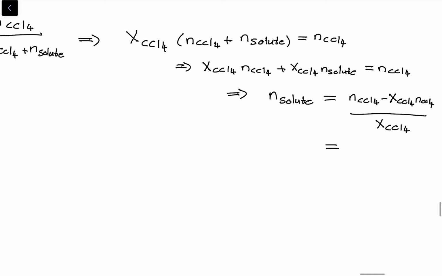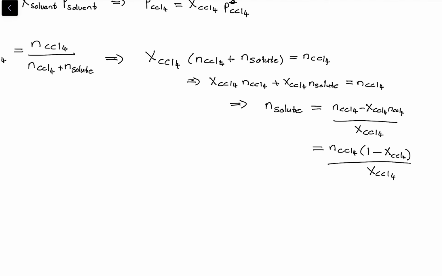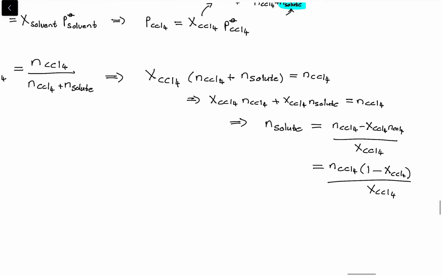And you can take that a step further, say take out the NCCl4 as a common value: 1 minus XCCl4 divided by XCCl4. All right. Question is, what is XCCl4?